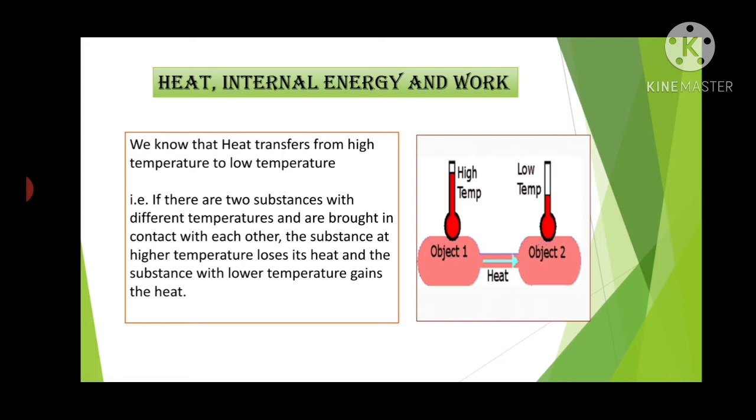So here there is a transfer of heat, and one of the objects will obviously lose its energy and one of the objects will gain energy. But who will gain and who will lose its heat energy? The object having high temperature will lose its heat and the object with low temperature will gain the heat.